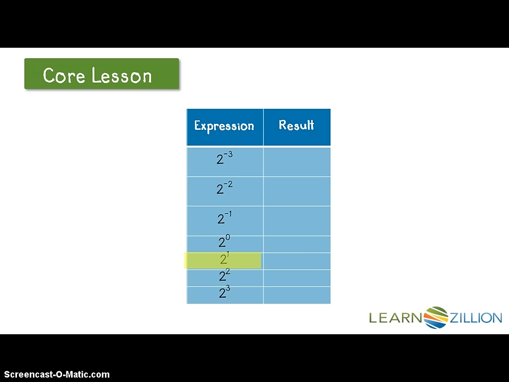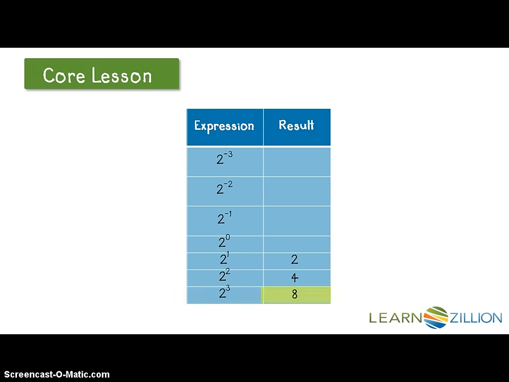It's not getting multiplied by anything. If we go down to 2 squared, that's telling us that we're going to multiply 2 by itself twice. So it's 2 times 2, which is equal to 4. 2 to the 3rd power means 2 is getting multiplied by itself 3 times. So 2 times 2 times 2 equals 8.